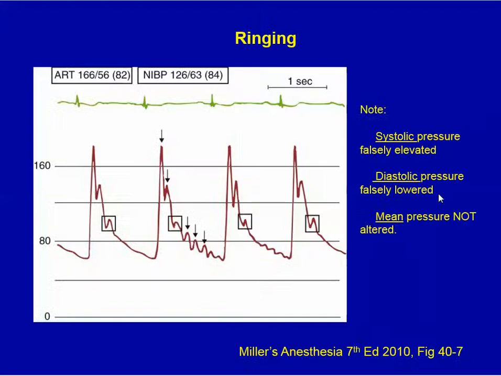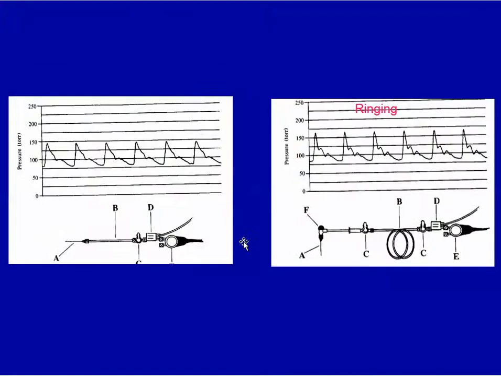So let's talk a little bit about ringing. This is what it looks like, and you see all of these extra spikes on the trace, and this spike here represents a false elevation of the systolic pressure, and these negative spikes are a false depression of the diastolic pressure.